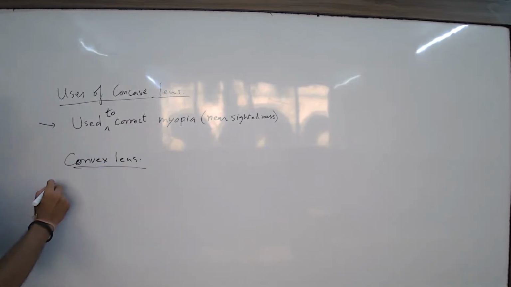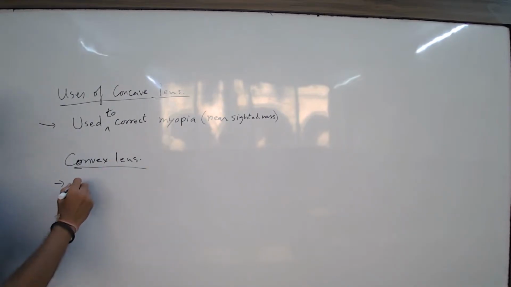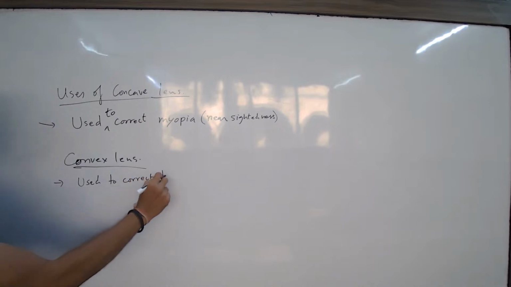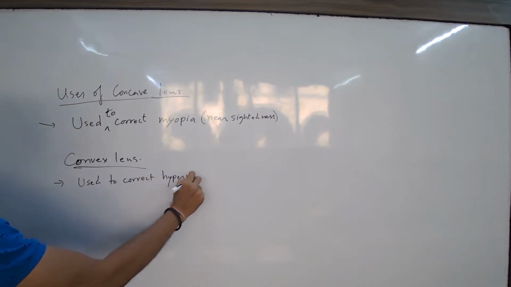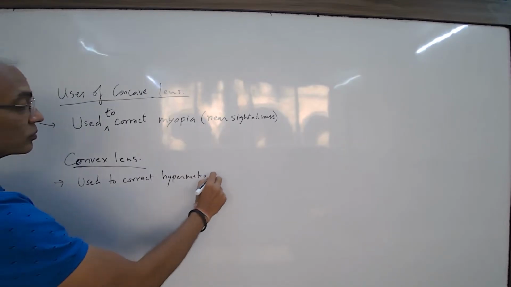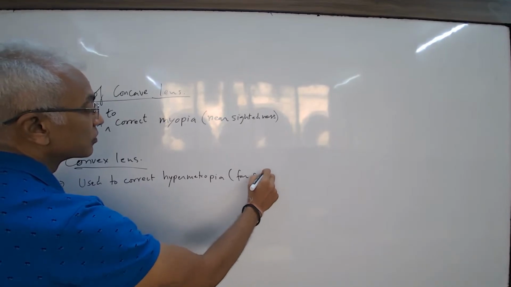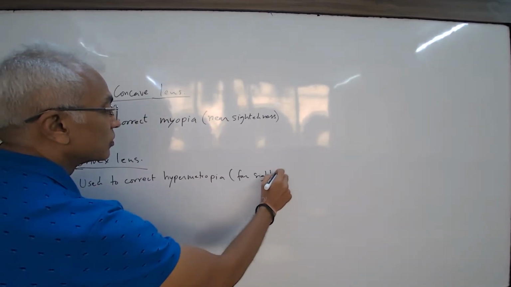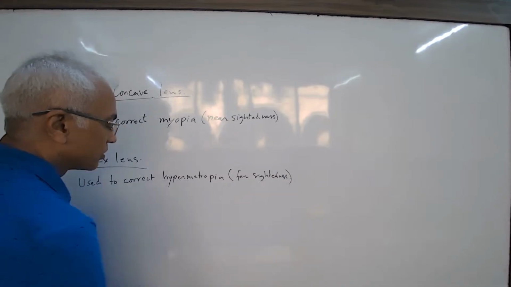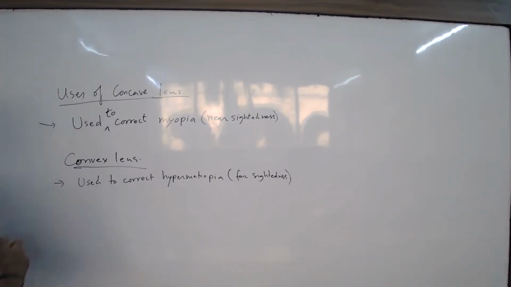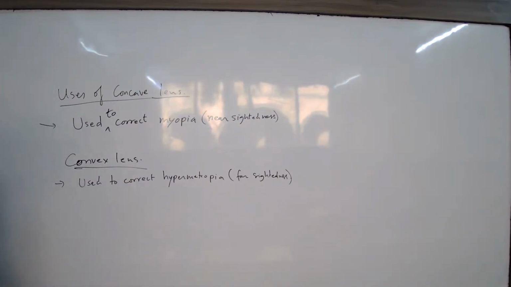Just like this, it is used to correct hypermetropia, like farsightedness. This is called farsightedness. So I think this use part for lenses is not there. What you have is only uses for mirrors.